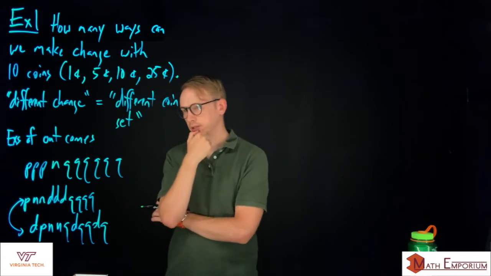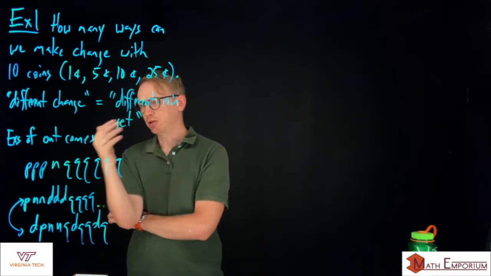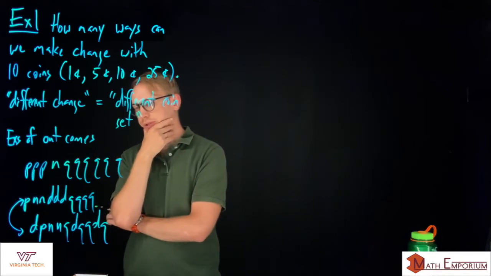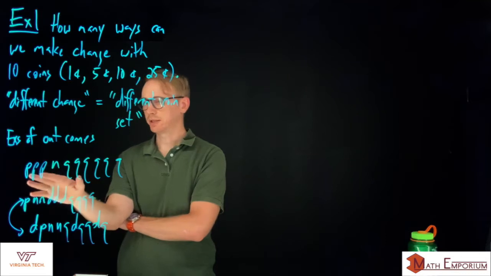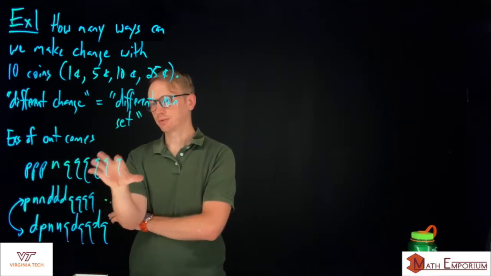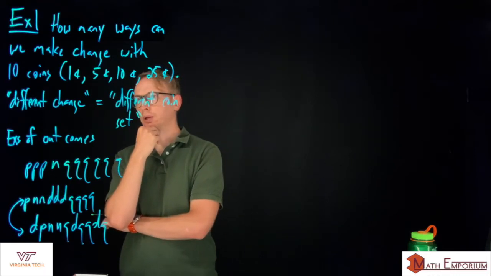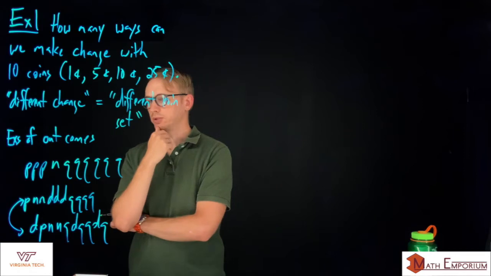So the trick here is to realize that maybe it's not the different coins that are important. It's the amount of each coin that is important, right? And that's a pretty subtle difference, if that even makes any sense, right? It's the fact that I have 3 pennies, 1 nickel, and 5 quarters that makes this outcome that outcome. All right, so hopefully putting this in order does suggest a strategy, though.